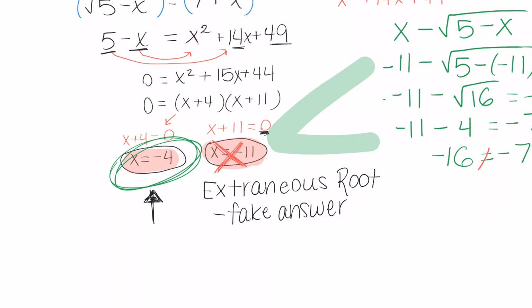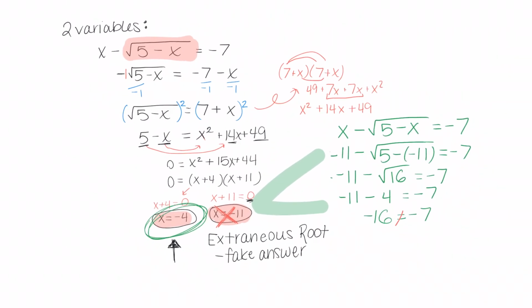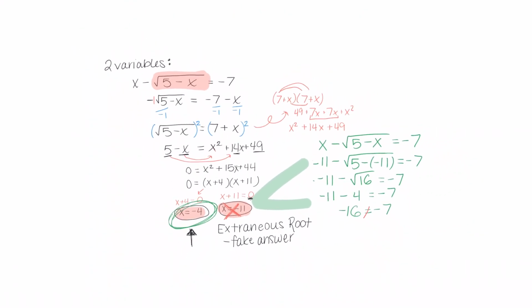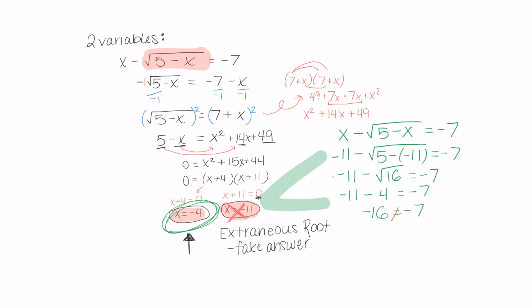This is why checking our work in radicals is really important. And I know we're not used to checking it, but it makes a big difference, especially when we're dealing with two variables. So make sure you work through it. As a quick recap, you are isolating your radical, squaring both sides. If you get a quadratic, put everything on one side, so you have 0 on the other.